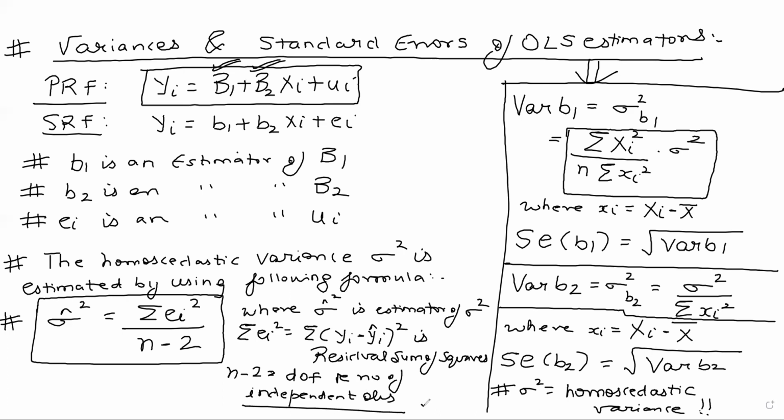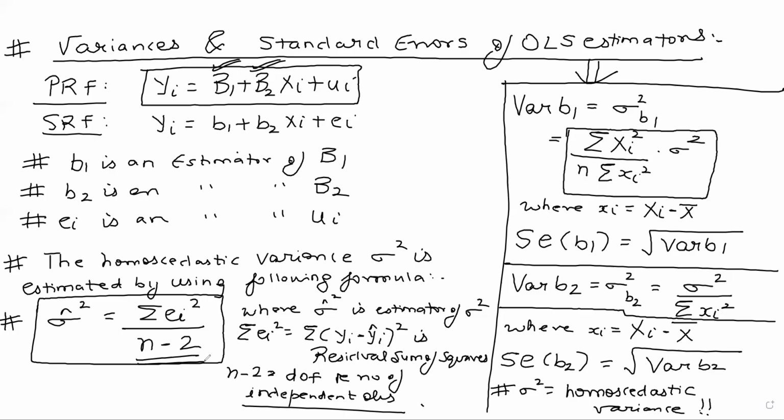In simple words, guys, why are we subtracting 2? Because one observation is lost in calculating B1, another is lost in calculating B2. Since there are two parameters, capital B1 and capital B2, we have only n minus 2 independent observations.